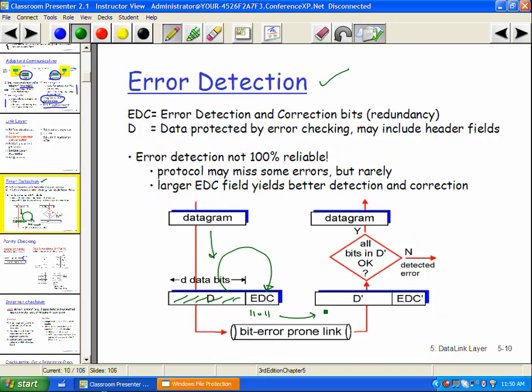Everything is sent, and the same stuff gets here. You recompute the error detection and correction bits. If this is 11011, you recompute and you get 11011, everything is good. If you get anything else, then there is something wrong. All the data is corrupted. Okay, so you have some rules of computing the error correction bits or detection bits from the main data, and those two have to match on both sides. Okay.